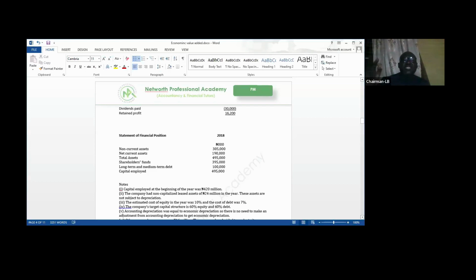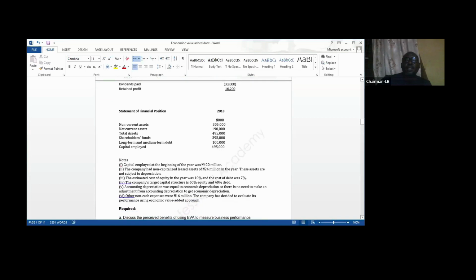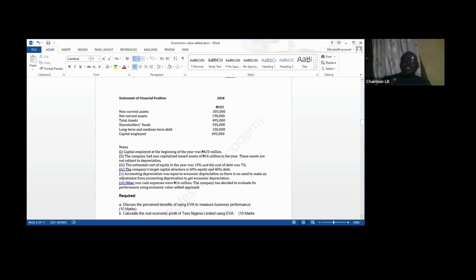This lease has not been capitalized. We understand lease. The company has obtained lease at a cost of 24 million naira. These are not subject to depreciation.